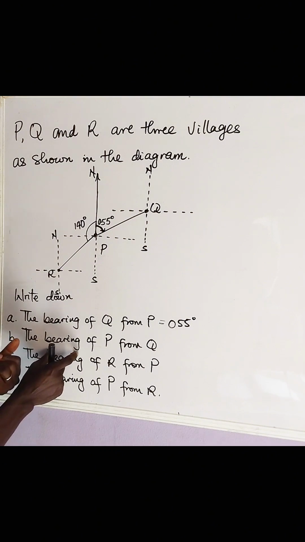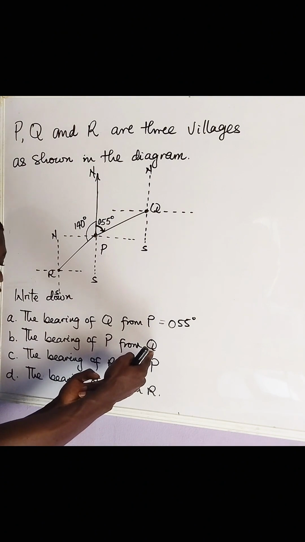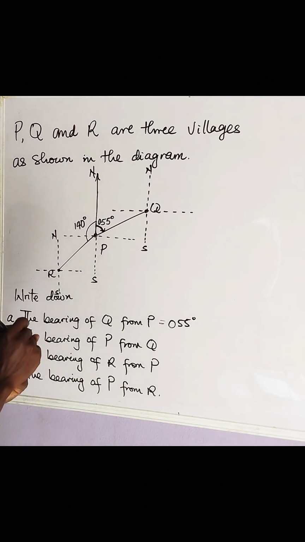Now let us look at the bearing of P from Q, which implies: what is the angular distance of P formed from the reference point Q?